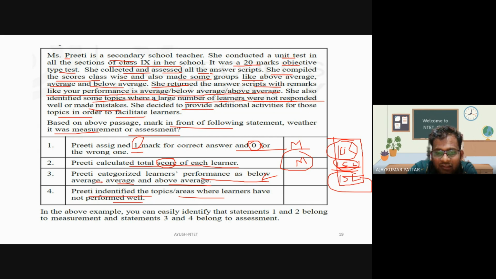Based on that, the teacher or institution will make some arrangements, provide additional activities or a remedial class, whatever. Based on that only, we will assess. That is the assessment. This is also assessment.